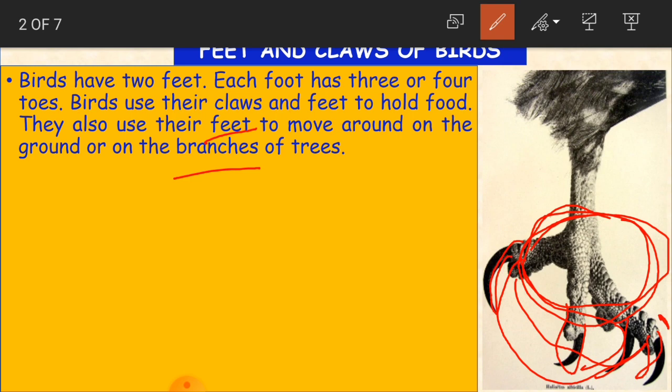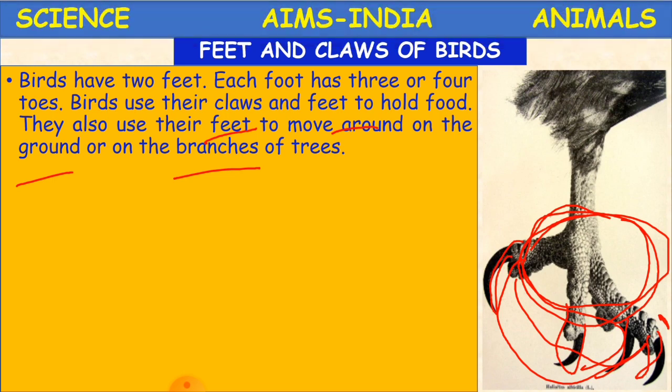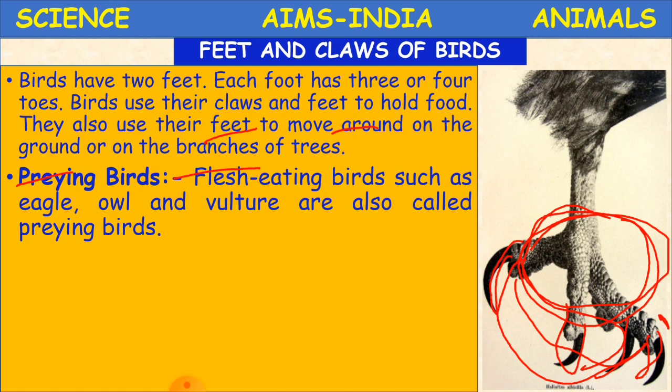Even birds move around on the ground, they also climb the trees and live on the branches. So the birds use their feet to move around on the ground or on the branches of trees. Clear children? This is how the birds use their feet and claws.